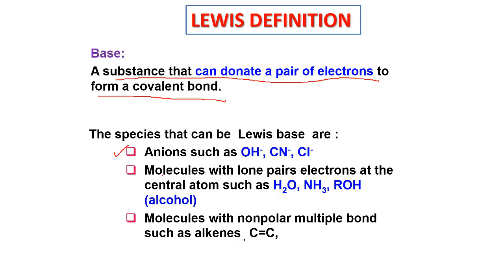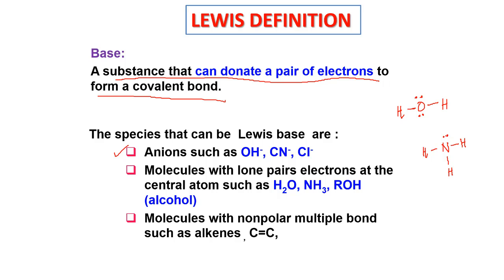Molecules with lone pairs electron at the central atom. Molekul-molekul yang ada lone pair pada central atom such as water. So kalau kita ingat balik Lewis structure water, okay, you can see there are 2 lone pairs on oxygen which is the central atom. Okay, kalau kita ingat balik ammonia, NH3. Right? Okay.